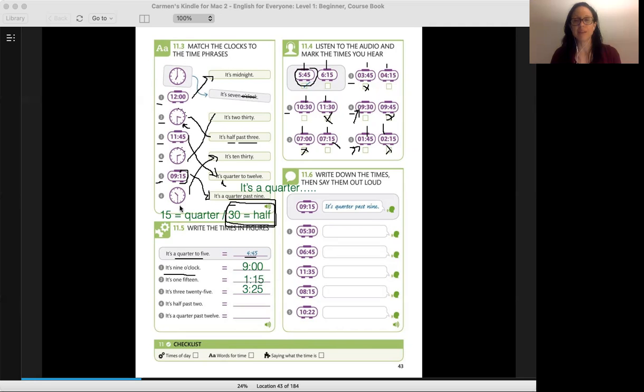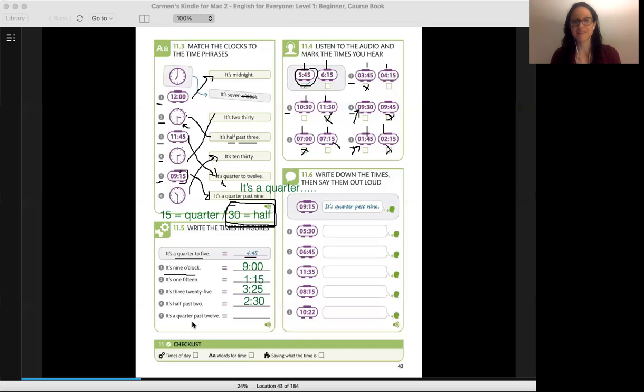How would we write that in numbers? Remember, half is 30 minutes. Half, meaning half of an hour, which is 30 minutes. So this is going to be 2:30, okay?